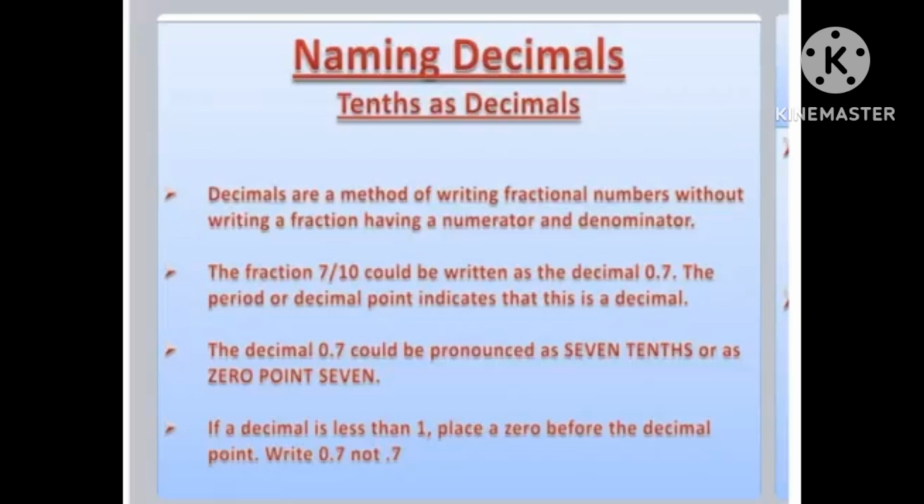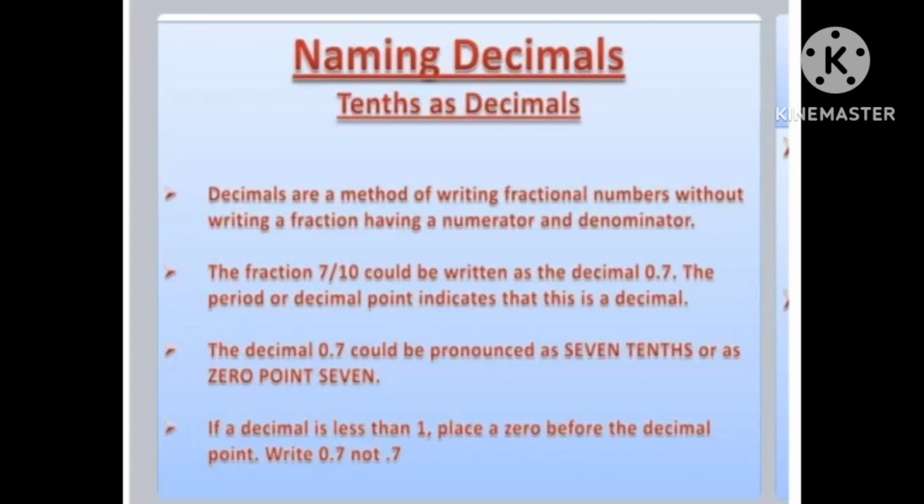So, let us move on to naming decimals, or tenths as decimals. First, decimals are a method of writing fractional numbers without writing a fraction having a numerator and denominator. The fraction 7/10 could be written as the decimal 0.7.